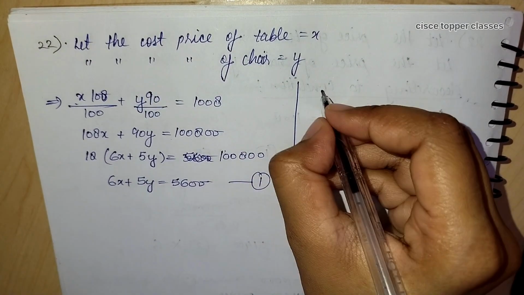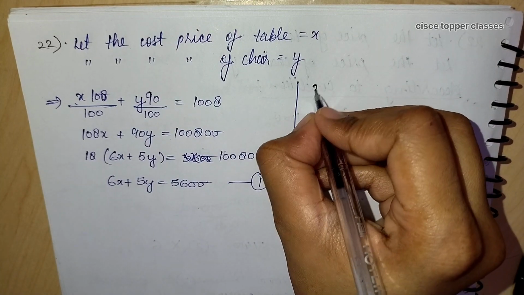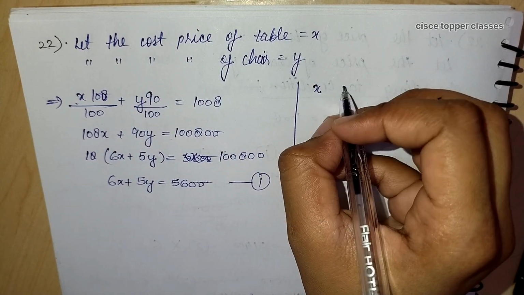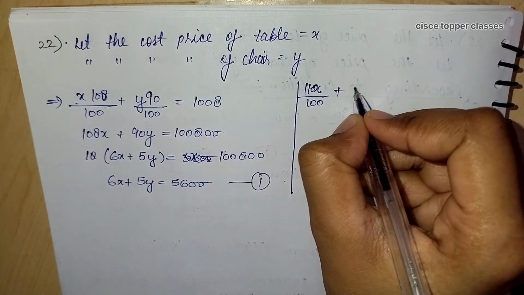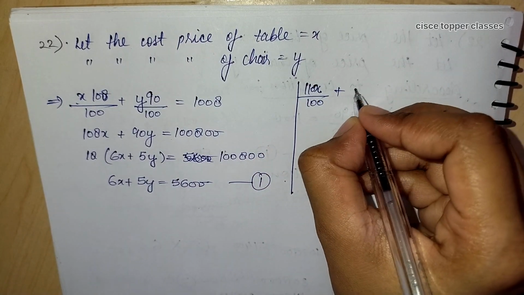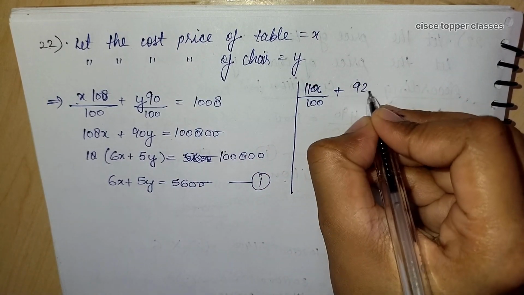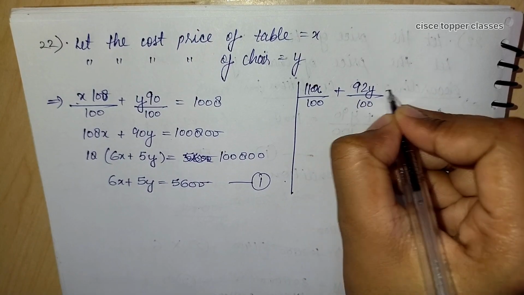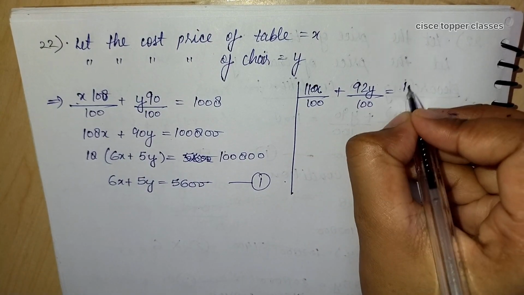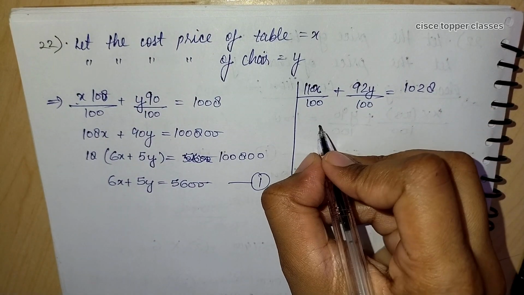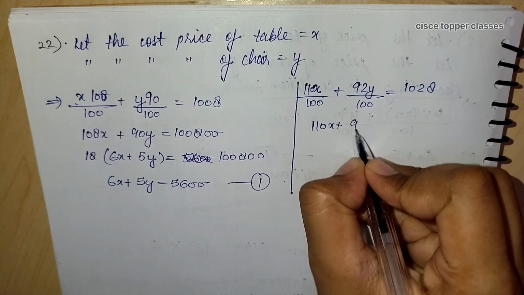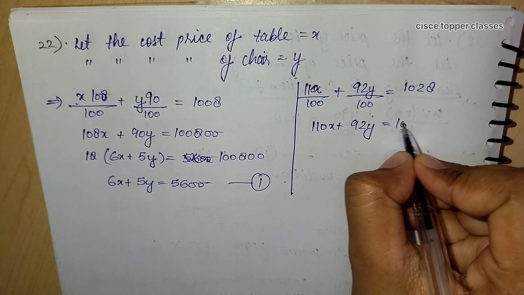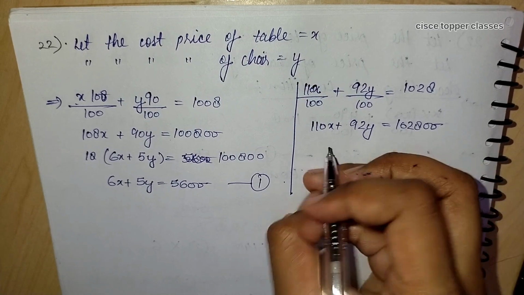Now, according to the second condition, we have x with 10% profit, so it will be 110 divided by 100, plus 8% discount, so it will be 92y divided by 100 equal to 102800. Now we can write this as 110x plus 92y equal to 102800.